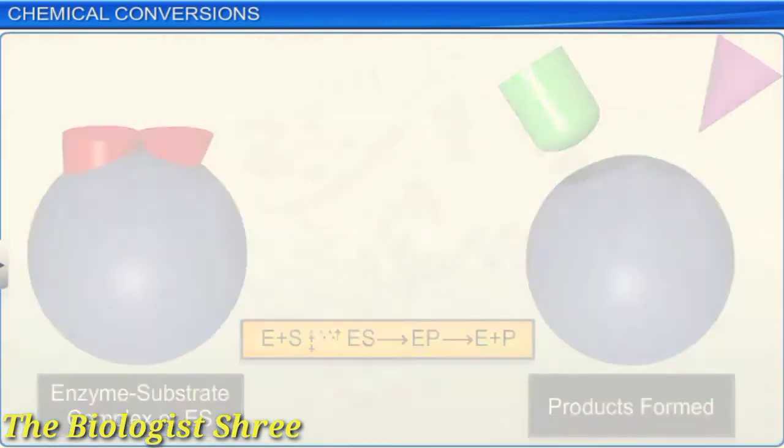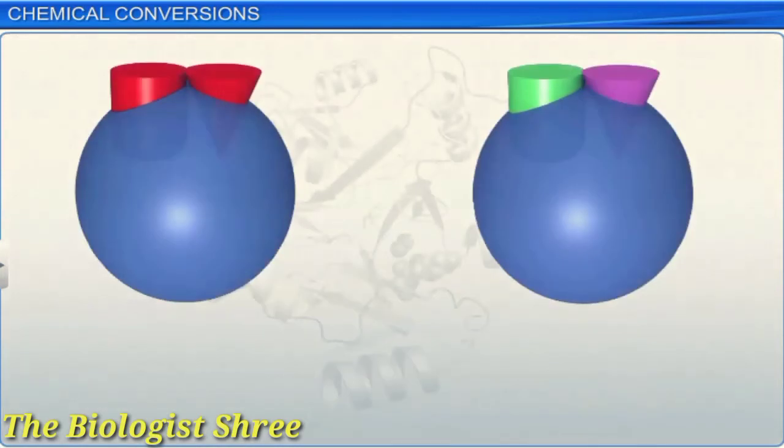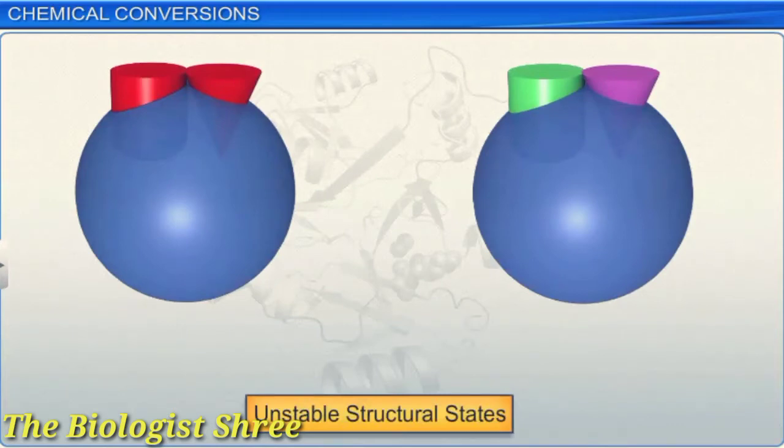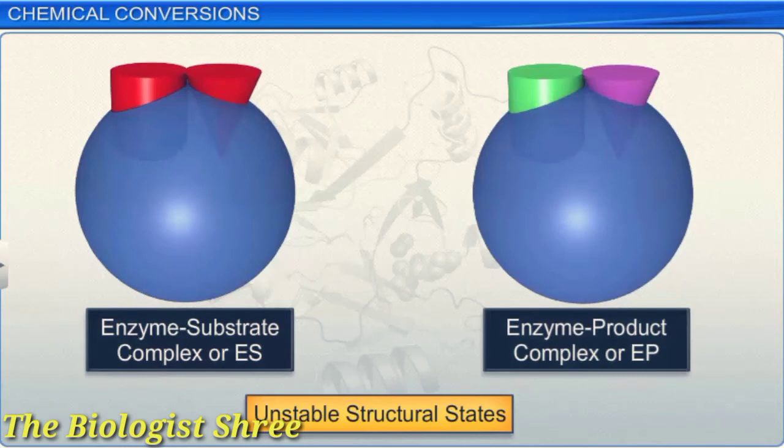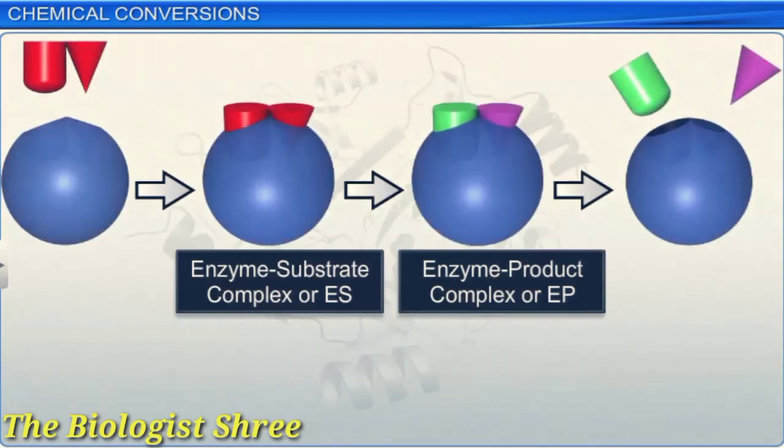During the enzyme action, there can be many temporary, unstable structural states between the stable substrate and the product. For example, ES and EP complexes. These states are also known as altered structural states. Stability refers to the energy status of the molecule or the structure.